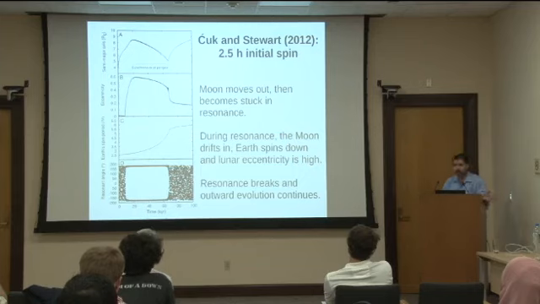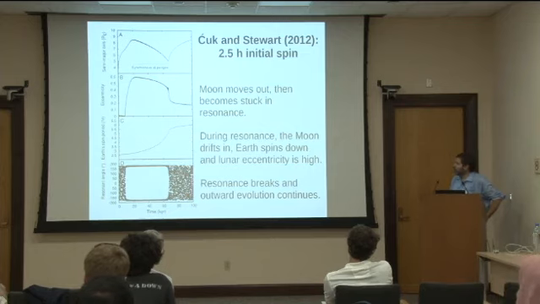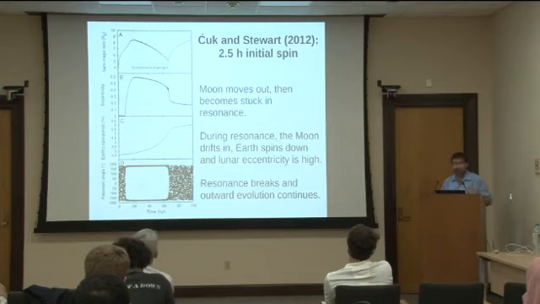I skipped Touma and Wisdom 98, which introduced the evection resonance, which I here use to lose angular momentum. I won't talk much about this because I think Jack is going to talk more about the evection resonance. But for the main purpose of my talk, which is that we were missing obliquity tides from the picture, this paper did not advance the field at all.